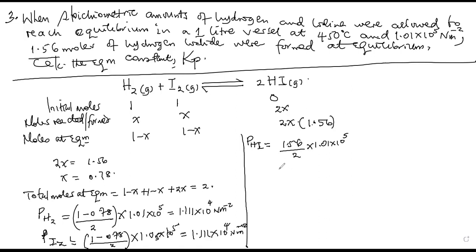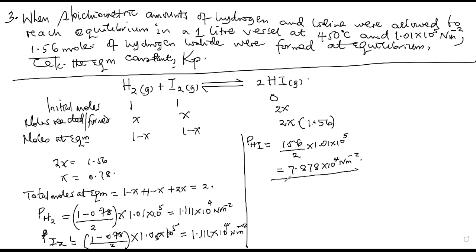So this one gives us 7.878 exponent 4 newtons per meter squared.